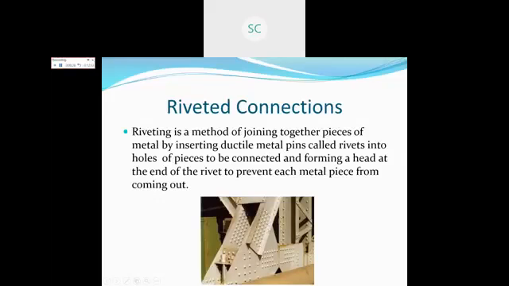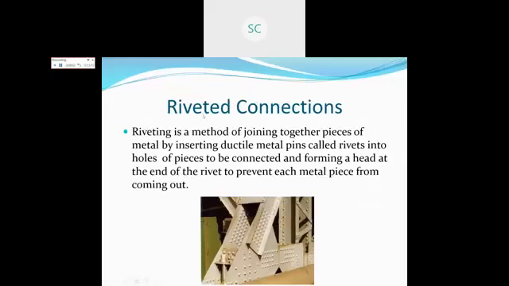We make the holes and insert the rivet. The rivet has a head on one side, and the other end is held by pressing it by machine or by hand.